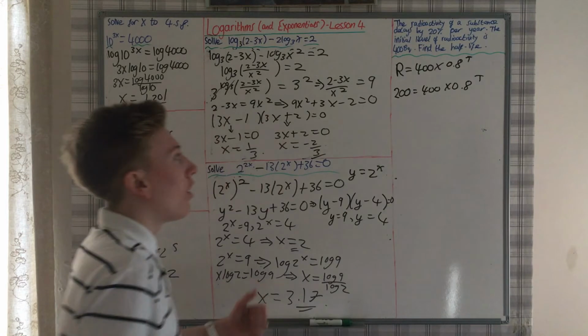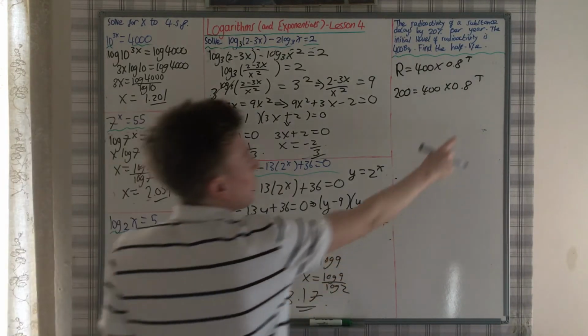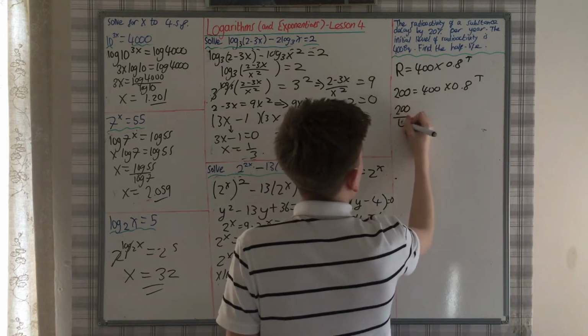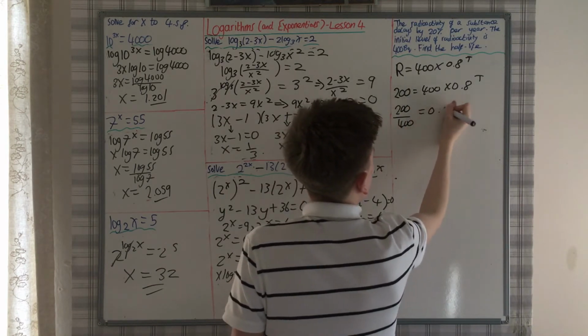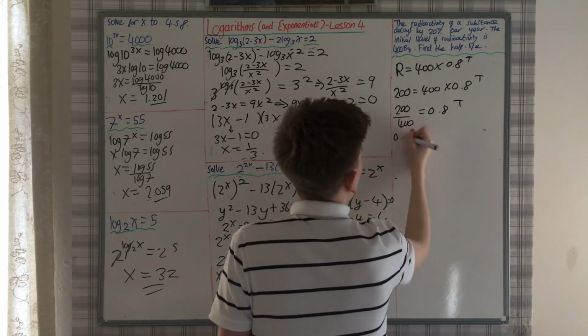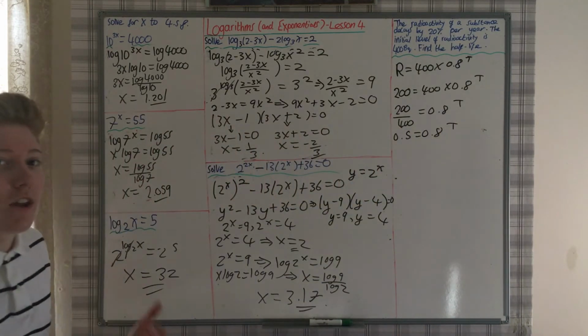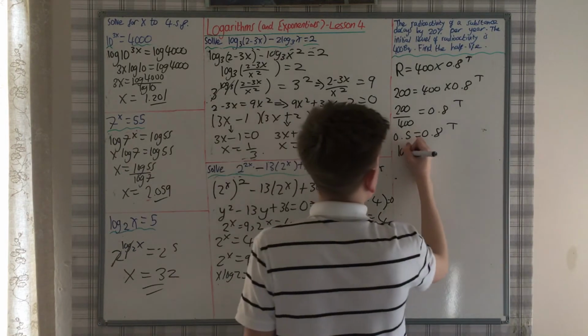And we're trying to find the half-life, which is a time. So we need to rearrange this for t. Well, 200 divided by 400 equals 0.8 to the power t. So a half equals 0.8 to the power t. And now we should see that we can take logarithms of both sides.